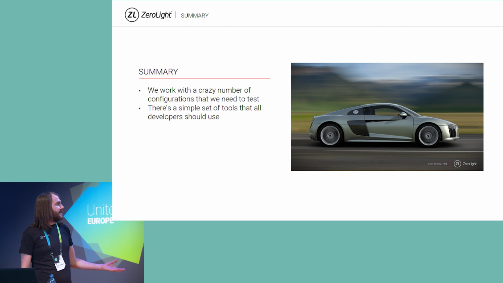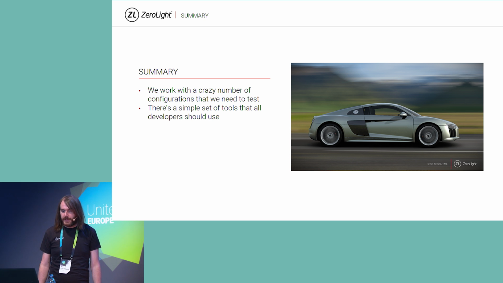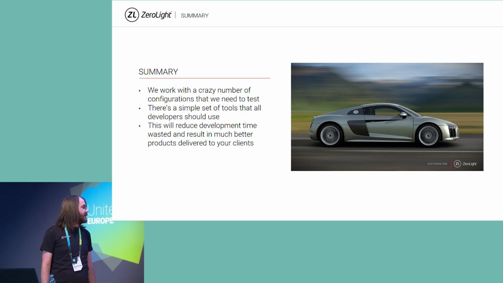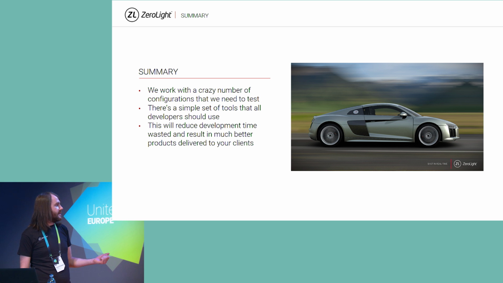But with a simple set of tools using a subset of data, and automation, we can ensure that what we actually deliver is as stable as possible, and we reduce our development times, and we get better results, and the products we deliver to our clients are of much higher quality.